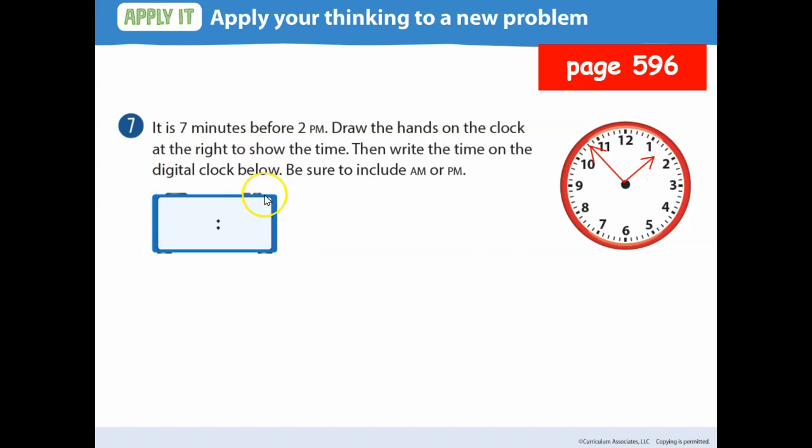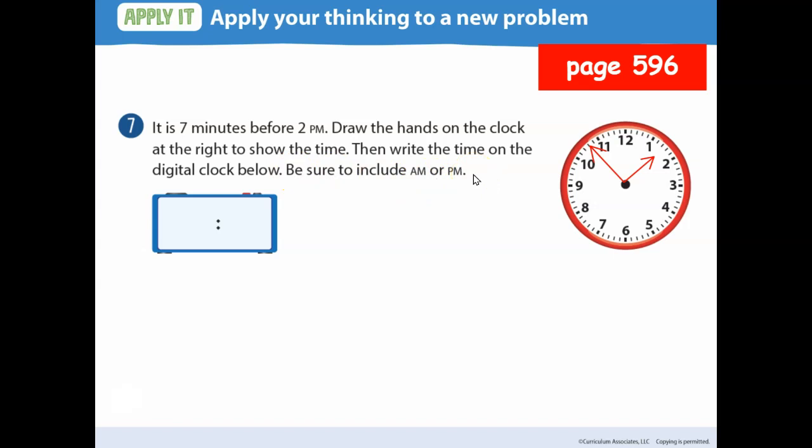Then it says write the time on the digital clock below, and be sure to include AM or PM. Well, we really don't know if it's AM or PM. It's really up to us. Go ahead and also write the time on the digital side right here.